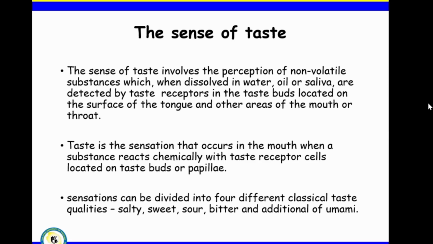So when we are talking about the tongue, it has receptor cells, and those are the ones used in evaluating or detecting the sensory characteristics of the sense of taste. Sensation can be divided into four classical taste qualities: salty, sweet, sour, bitter, and the additional umami.